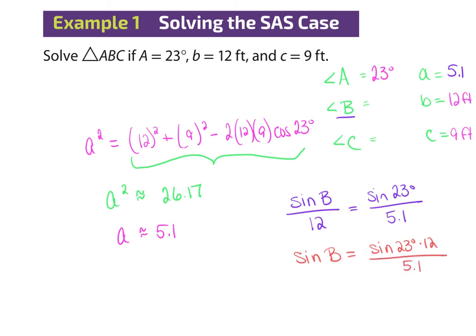What am I actually solving for here? An angle or a side? If I am solving for an angle, what in your calculator do you have to use? Your inverse. So in your calculator, B is going to equal the inverse sine of all of this.